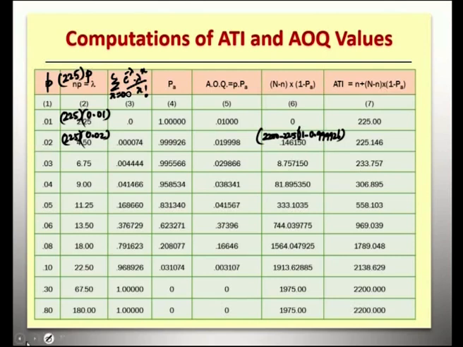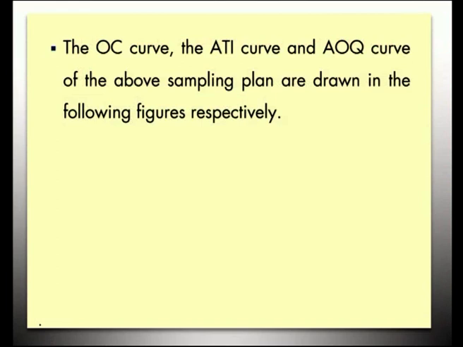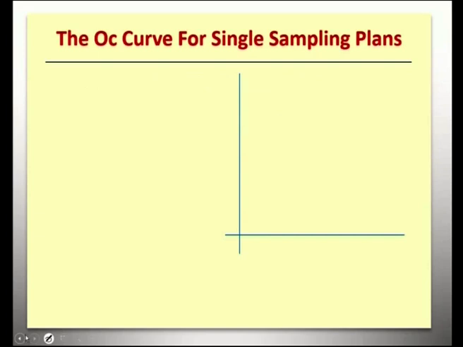Now, with these values, we shall plot the OC curve, ATI curve and AOQ curve for the above sampling plan, drawn in the following figures. OC curve for single sampling plans.